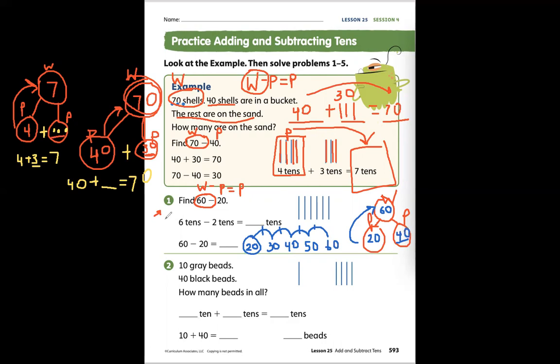Here it says 6 tens minus 2 tens, and we have 6 tens here. If we take 2 tens away, we have 4 tens left. 6 tens minus 2 tens equals 4 tens. 60 minus 20 equals 40.